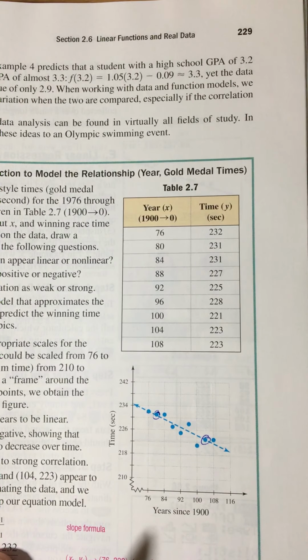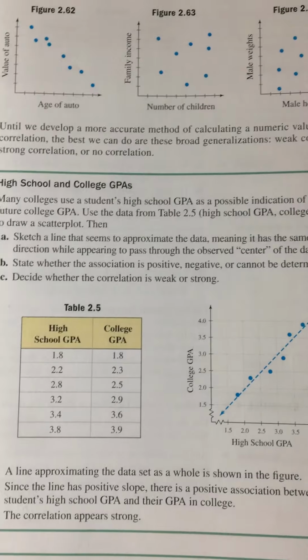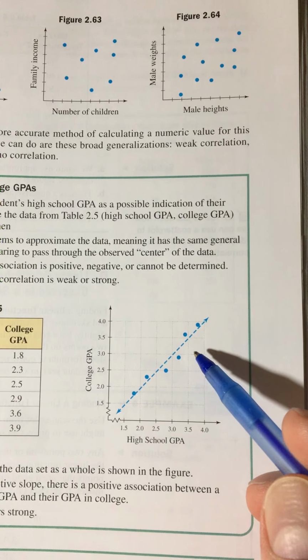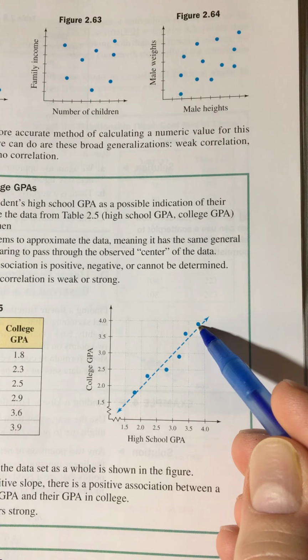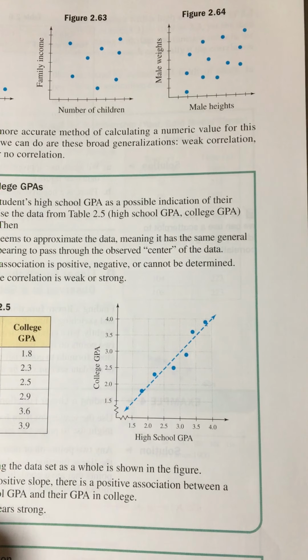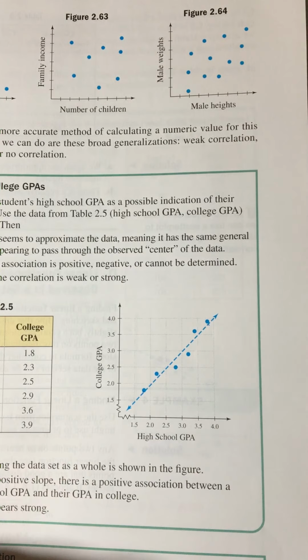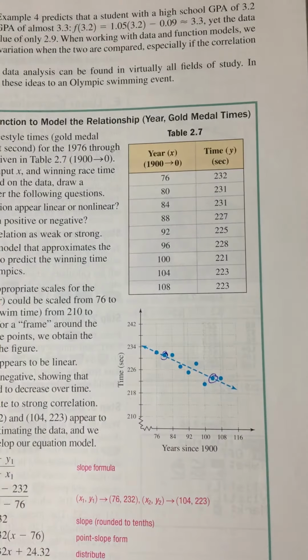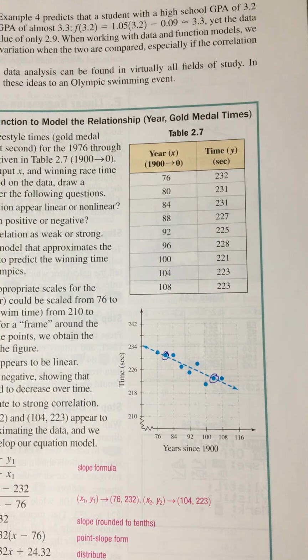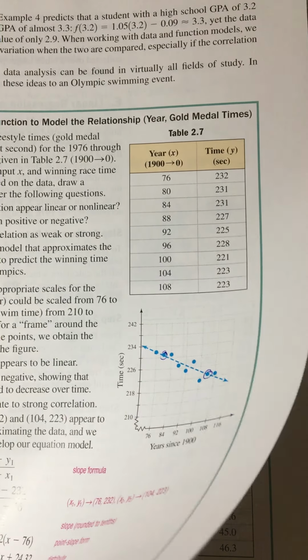Same thing over here. You can calculate the slope in the previous example. You can pick a point here and maybe a point there. It's not going to be very accurate, but it will be close. But you know that the slope will be positive because it has a positive correlation. This one, you know the slope will be negative because it has a negative correlation.